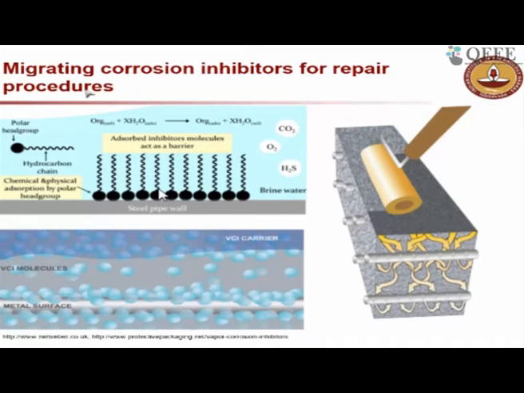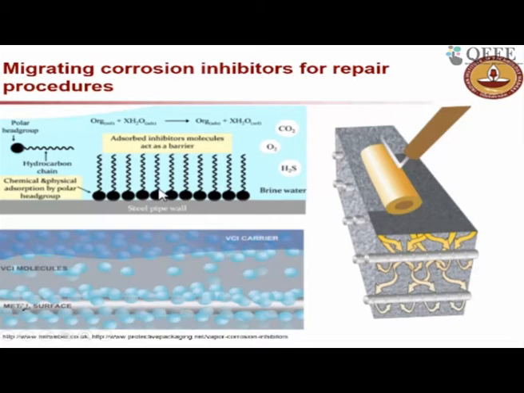But in addition to cathodic protection, another technology available is migrating corrosion inhibitors, where, as shown in this picture, this is a roller and you apply the corrosion inhibitor on the surface of the concrete. What we expect is that this material will penetrate through the concrete in vapor phase and reach the steel.